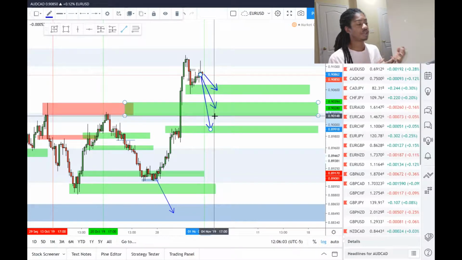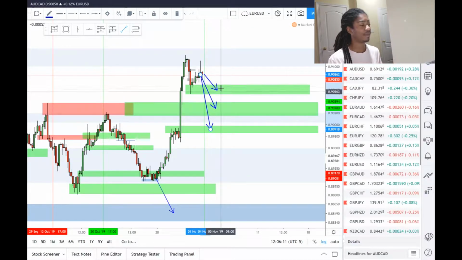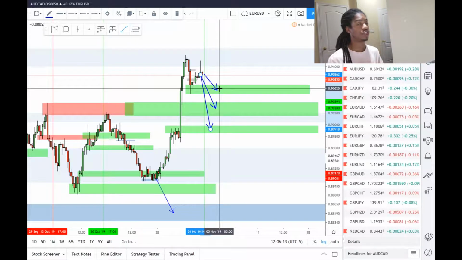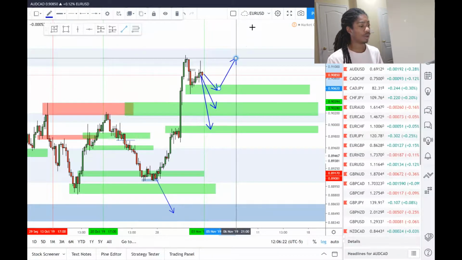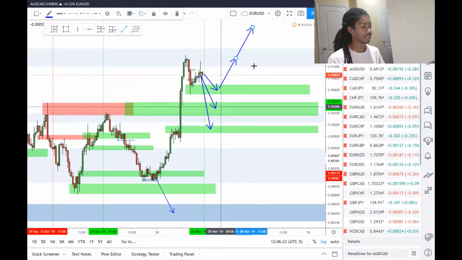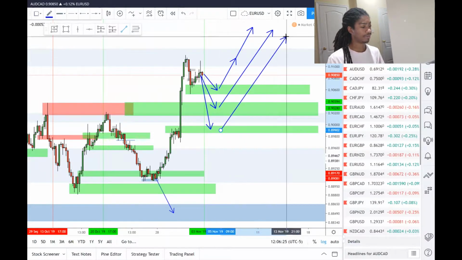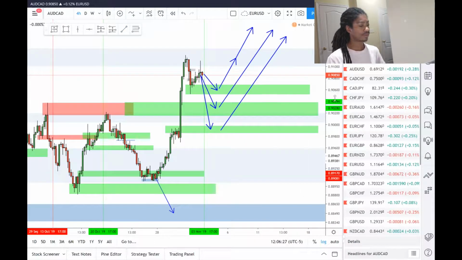These projections last for the entire week, so I don't have to edit them day in and day out. I do edit them maybe about midweek for any development in market structure. Then I am expecting at least a double top or new highs in this case, and the analysis really is as simple as that.